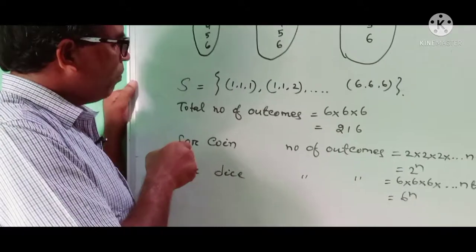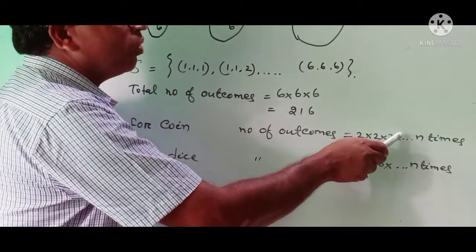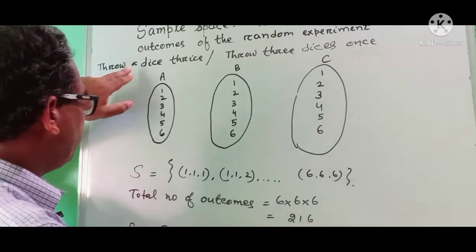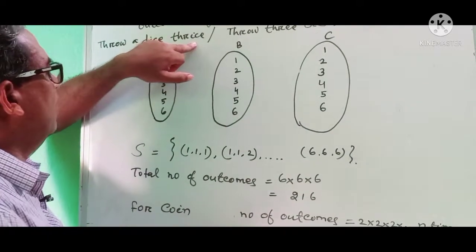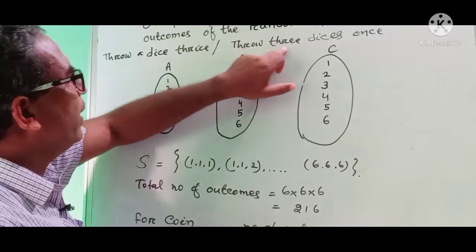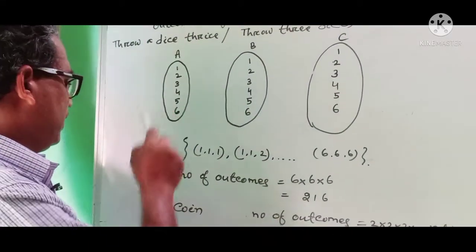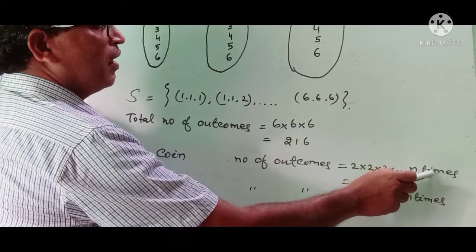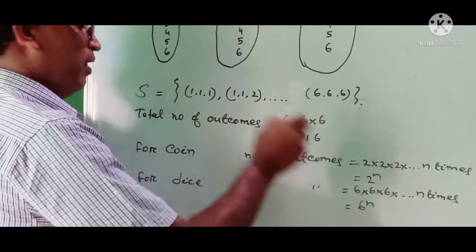Then for a coin: the experiment is to throw a coin n times, or throw n coins once. In that case, the number of outcomes will be 2 into 2 into 2, like this n times, by the counting principle, which is equal to 2 to the power n.